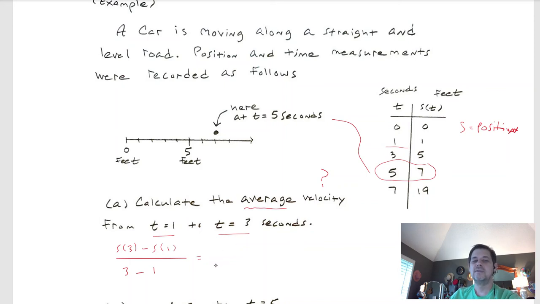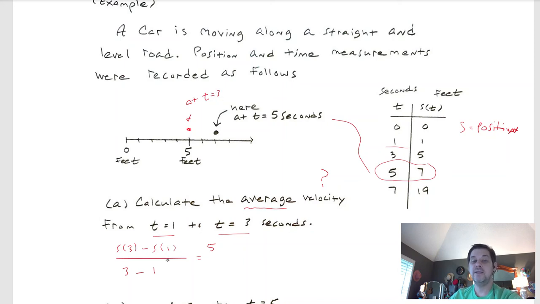Okay, so what are all those numbers? What's S of 3? Well, we understand that as the position at time t equal to 3. So the position at time t equal to 3 is 5, all right? So we're at the 5 foot mark on the track, right there at t equal to 3.